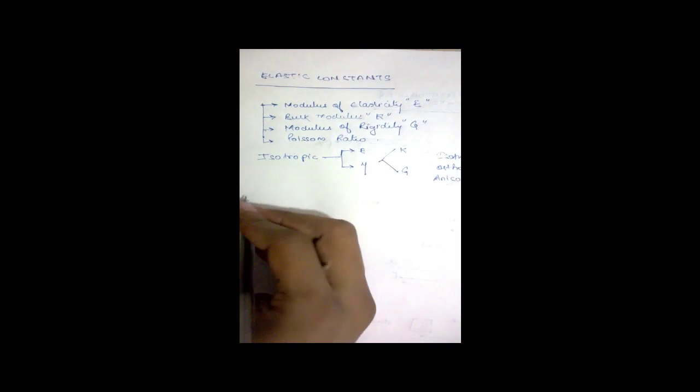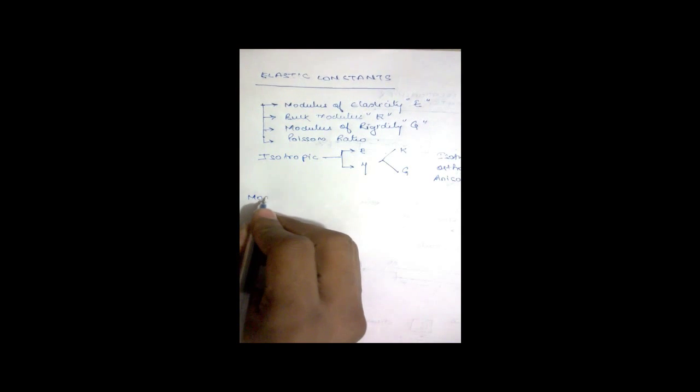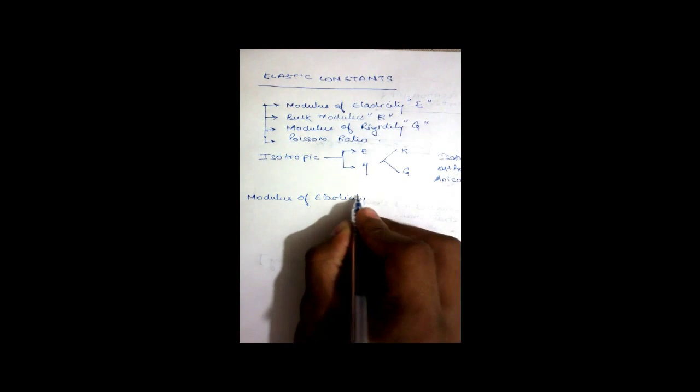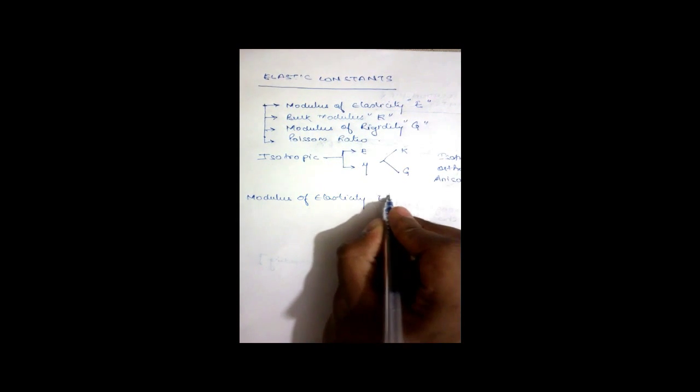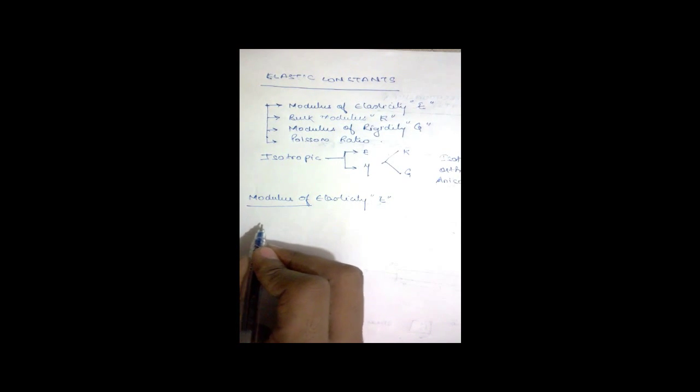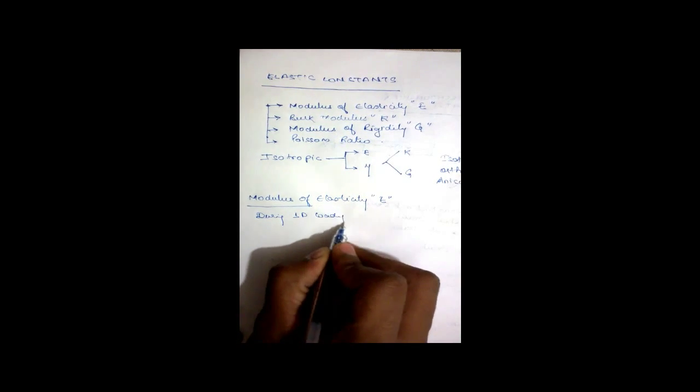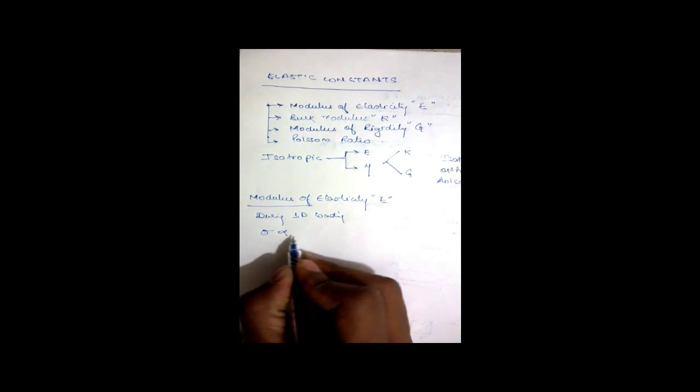Now let us understand each elastic constant in a detailed manner. The first one is the modulus of elasticity, and it is the most commonly used elastic constant, that is E. As we all know, the modulus of elasticity E was derived by Robert Hooke, so it is also known as Hooke's constant. Now by Hooke's law, we already know during one-dimensional loading, the stress will always be proportional to strain.